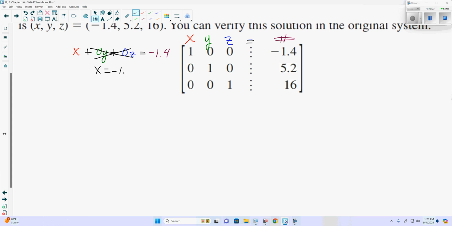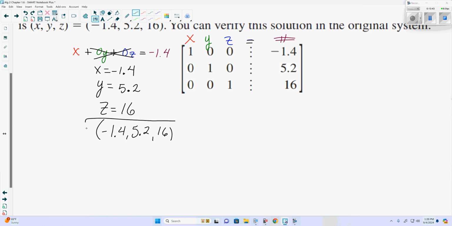X is -1.4. The second one, we don't have an x, we don't have a z. It's just telling us y is 5.2, and the last one, z, is 16. So our solution is -1.4, comma 5.2, comma 16. So for this system, this is our solution.